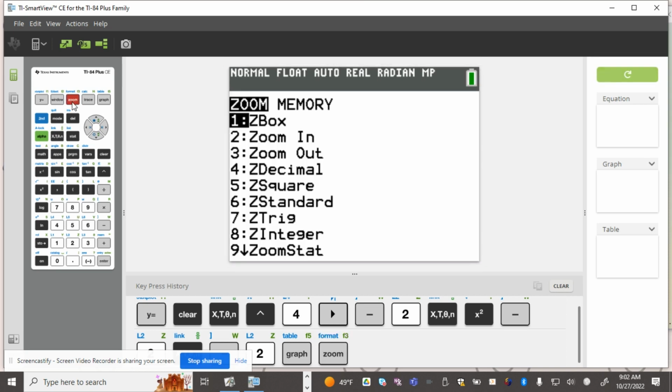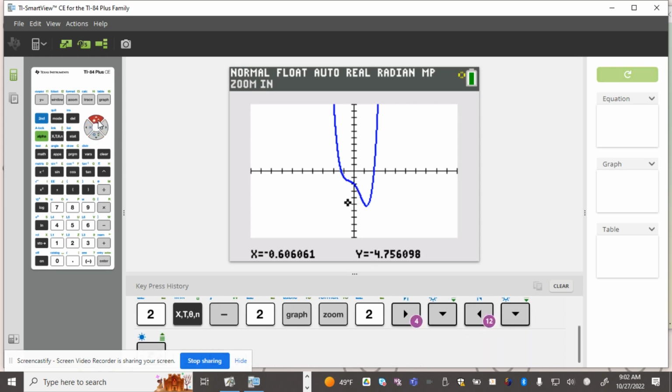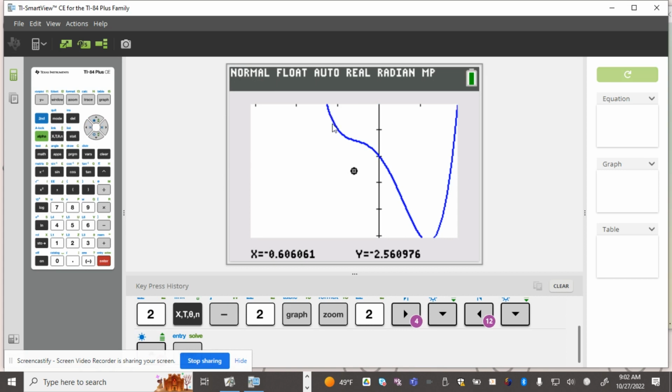If we zoom in, guys, there's no change of direction, right? Can you see it? It just slows down a little bit.